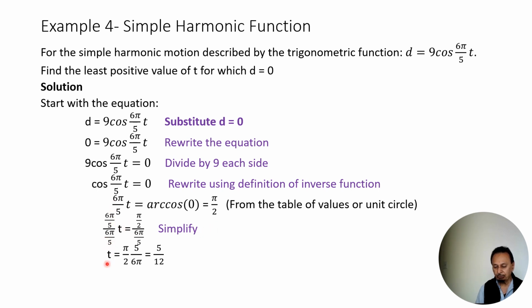They cancel out to t, and you have pi over 2 divided by 6 pi over 5. So you multiply pi over 2 by the reciprocal of 6 pi over 5, which is 5 over 6 pi. Now I simplify, pi cancels with pi, and 2 times 6 is 12, so it will be 5 over 12. So that's the least positive value of t for which d equals 0.